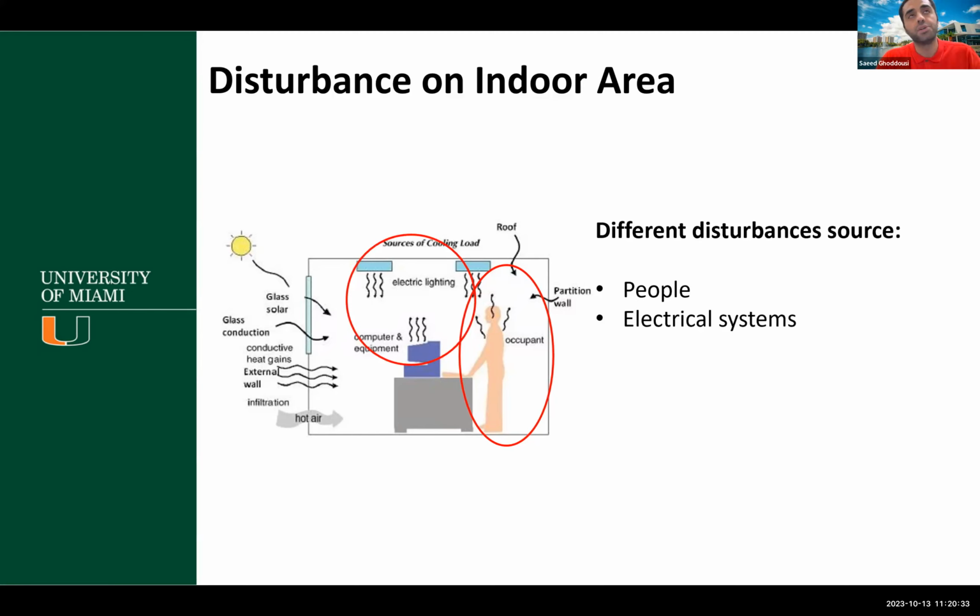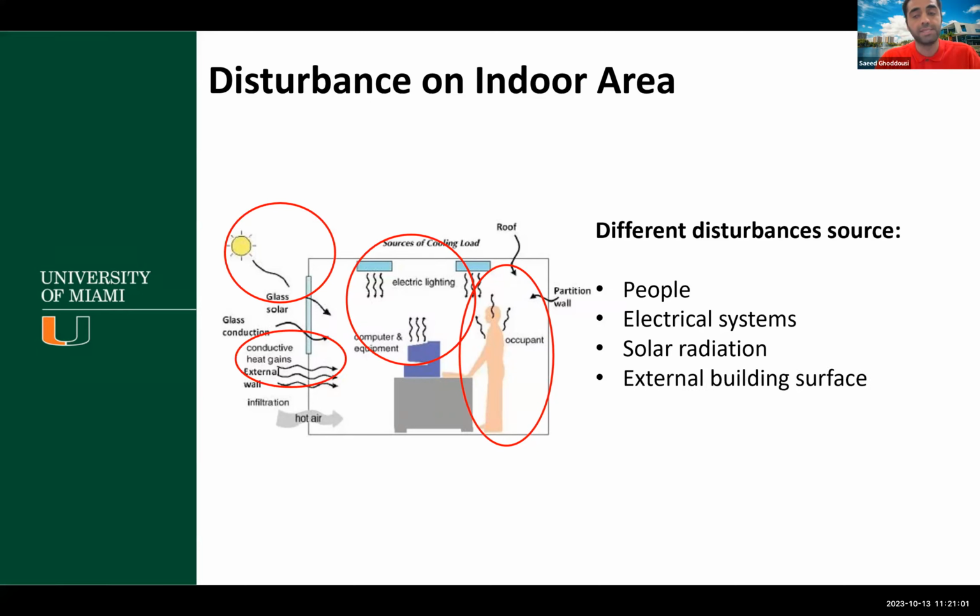Or the electrical systems inside the room, for instance the receptacles, lights, video projectors, computers, any electrical device, will generate heat, and it's a kind of disturbance. Also the sun and the solar radiation outside the building push the system and generate heat for an indoor area.